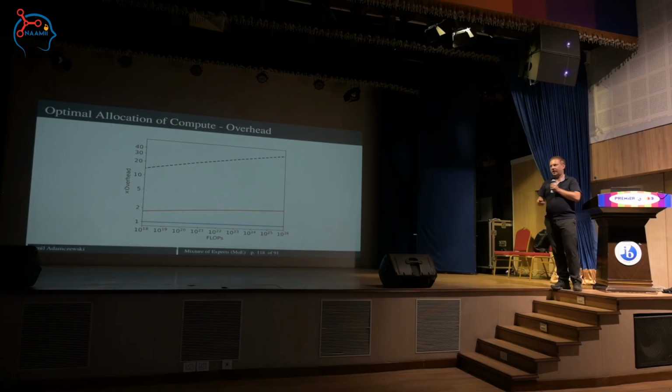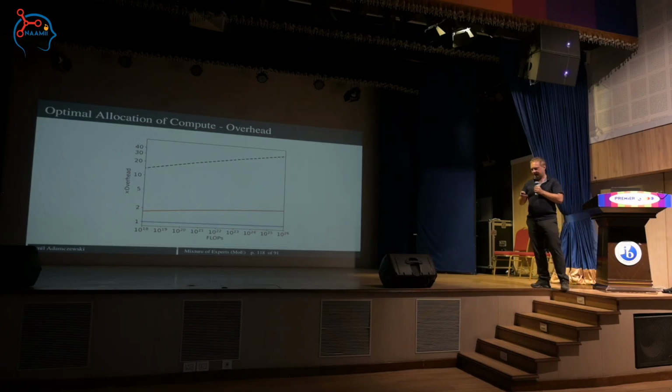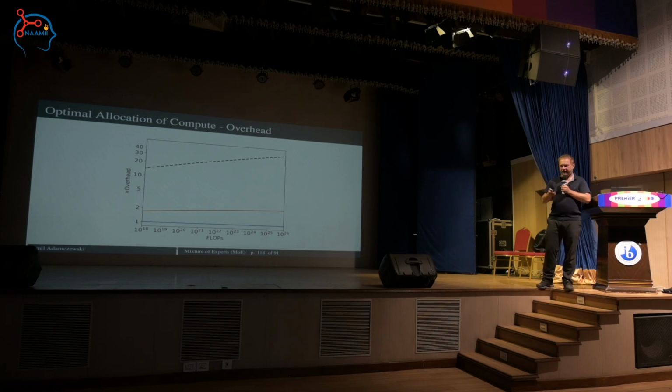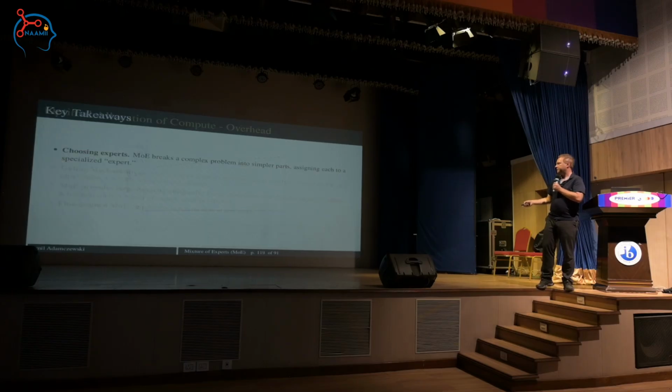So that is kind of the final point of this lecture, that fine-grained mixture of experts is something that you probably want to go for if you are applying mixture of experts in your field.